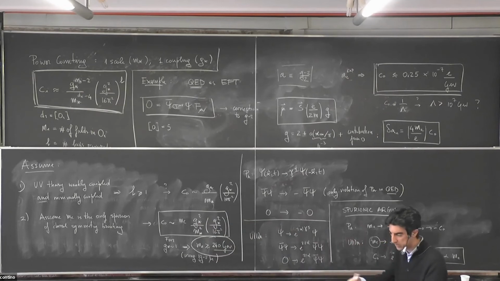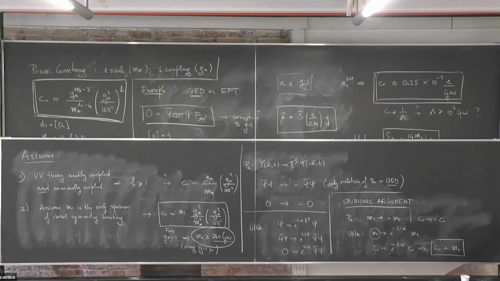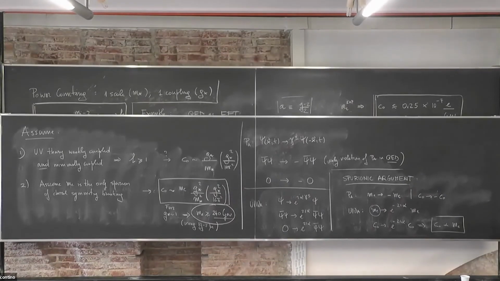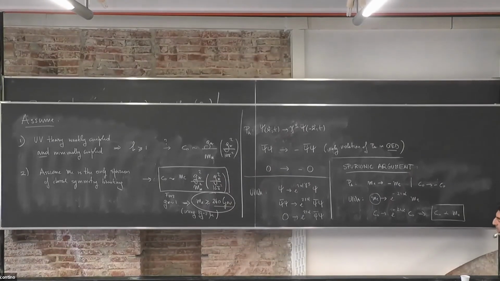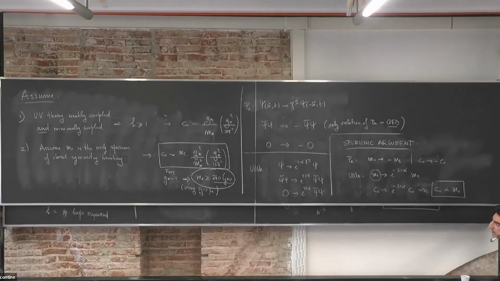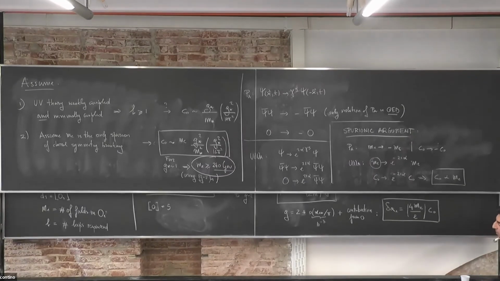These particles that you integrate out are exactly the electroweak particles, so the W, the Z, and you can make a calculation, and you can check whether this estimate is correct or not.